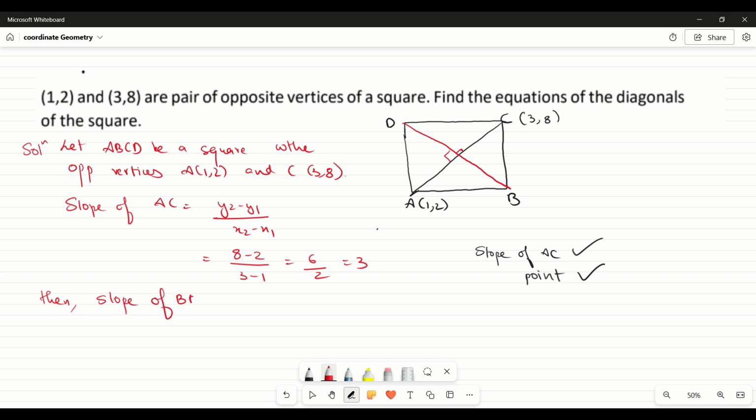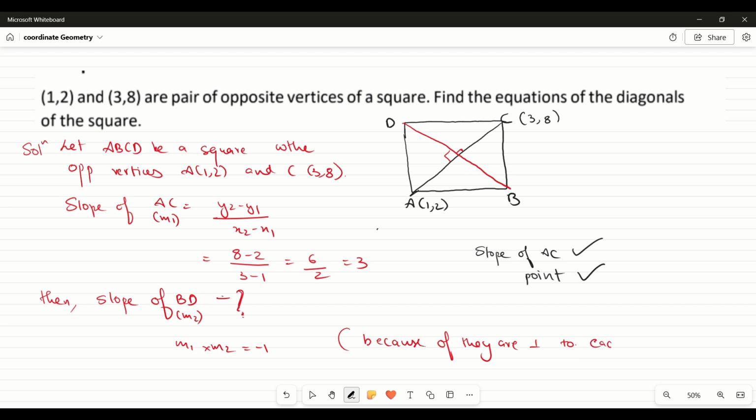If the slope of AC is 3, then the slope of BD, how will we find it? How to find the slope of BD? If I consider this one as m1, this one as m2, can I write that m1 times m2 is equal to -1? Why? Because they are perpendicular to each other, right?